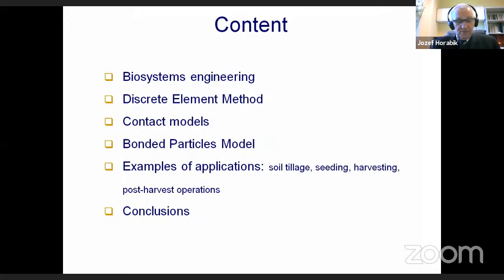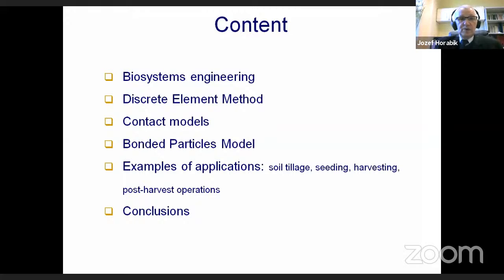A few words about the basic calculation of this method. The core is a computational loop, which consists of a few steps which are repeated for each separate particle in a very small time increment, approximately 1 million times per second.